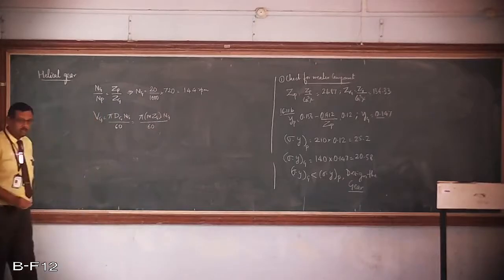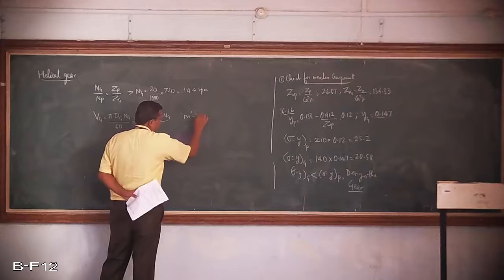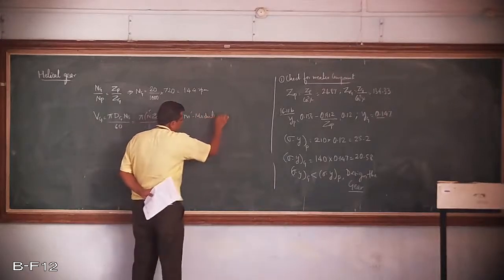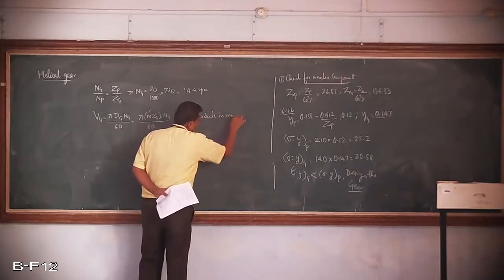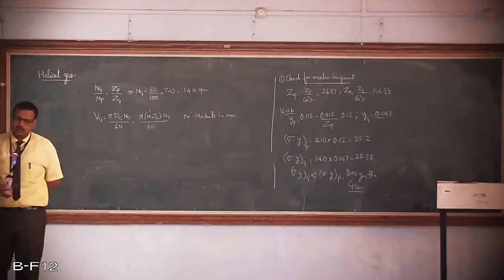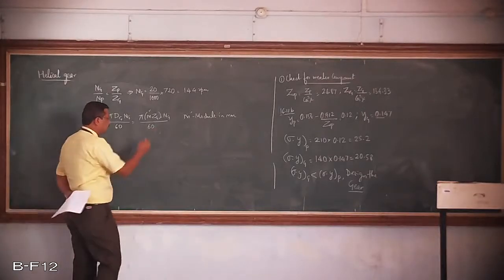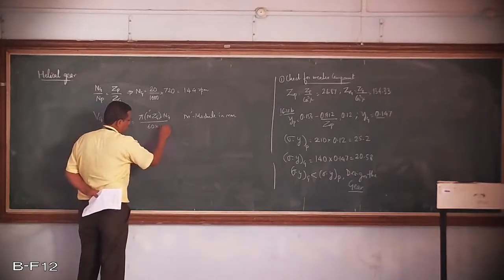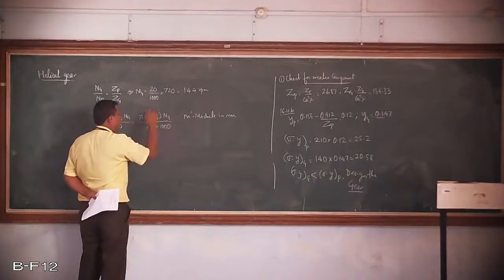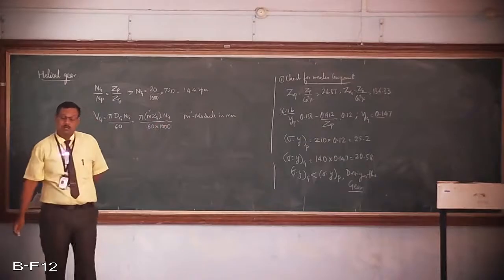Yesterday, as we have seen, we are obtaining M, the module, in millimeters. Therefore, if you take only M and proceed ahead, the velocity will be in millimeters per second. To obtain the velocity in meters per second, divide this by how much? 1000. So though you are substituting M in millimeters, the total solution will be in meters per second.